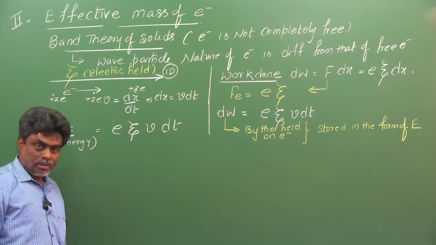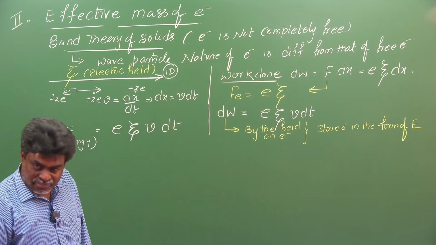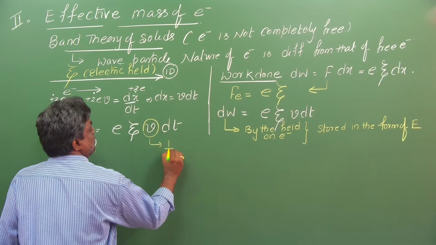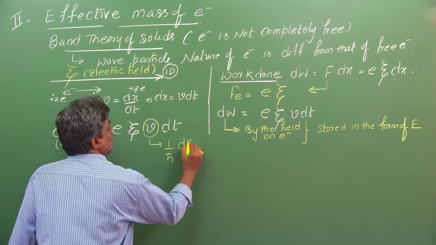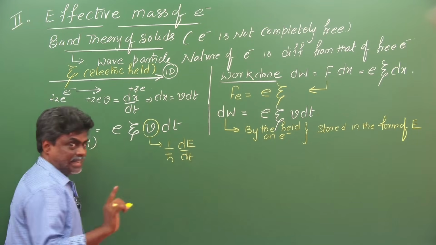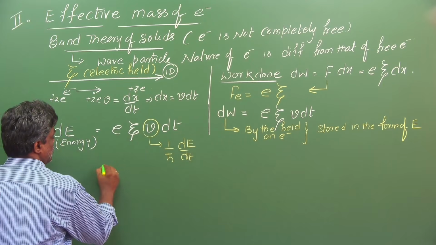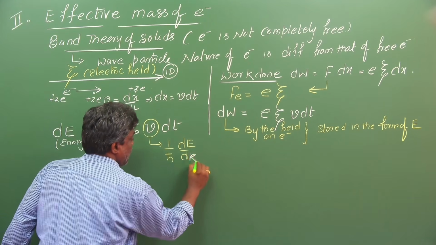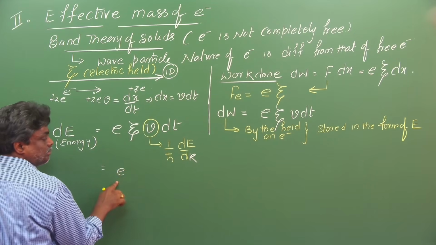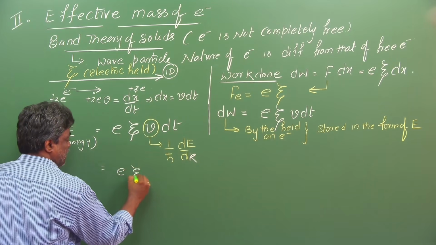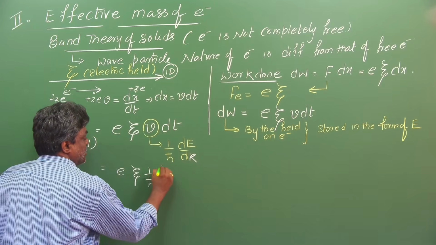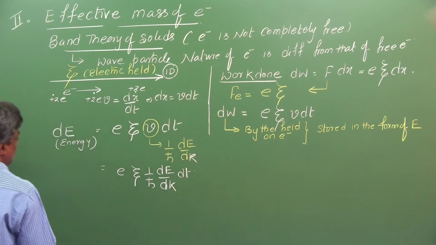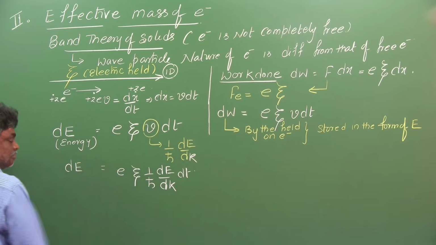Few minutes back we have already defined the velocity of the electron. Could you please tell me what is the velocity of the electron? Here E is energy, so v is 1 by h cross dE by dk. Now the electric field times 1 by h cross dE by dk into dt.